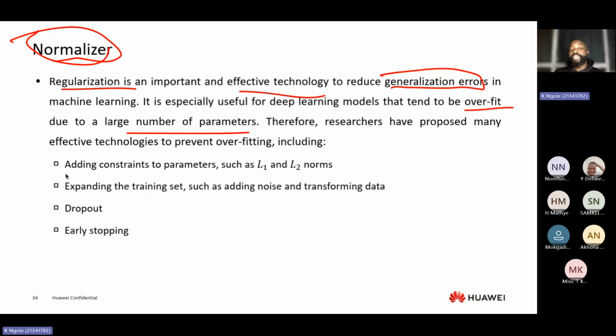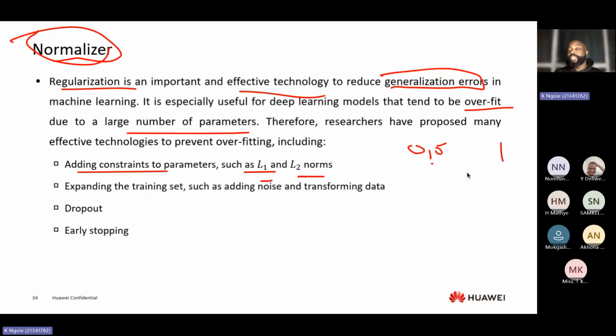The first method is to add a constraint parameter, such as the L1 and L2 norm. What does it mean? It means that instead of your model updating any type of weight, you want the weight to be between 0.5 and 1.